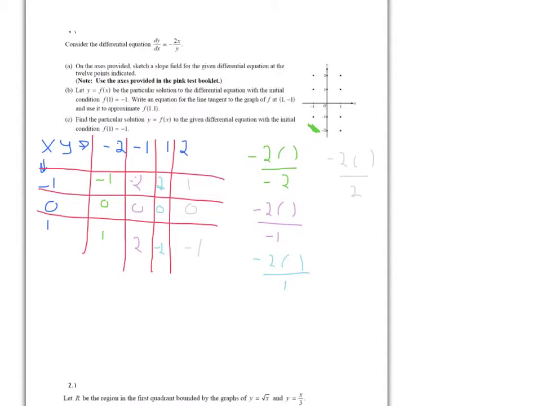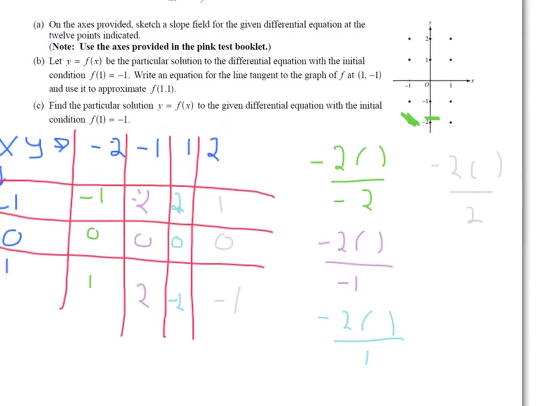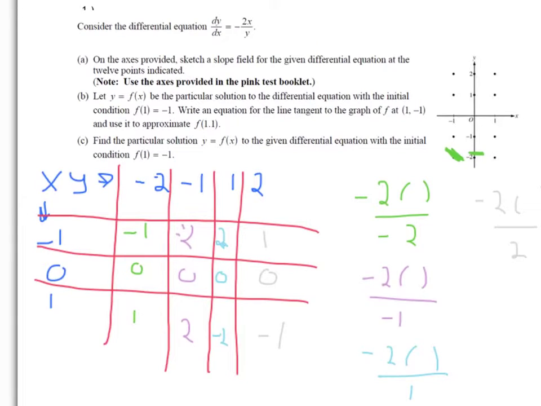And if I want to go down the rest of this column, at the point 0, -2, I have a horizontal tangent. I'm going to zoom in on this so my points are a little bit bigger. At the point 1, -2 here, I get a slope of 1.